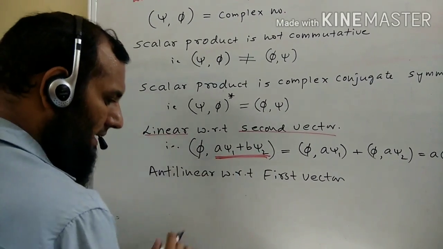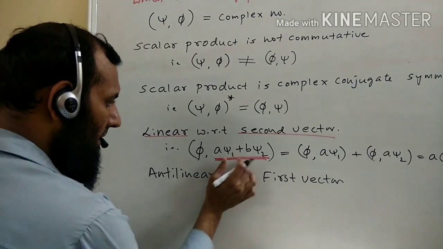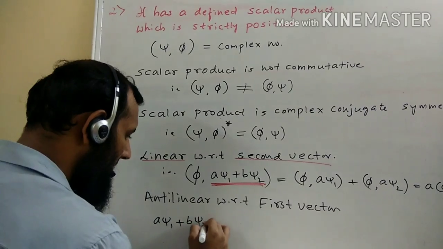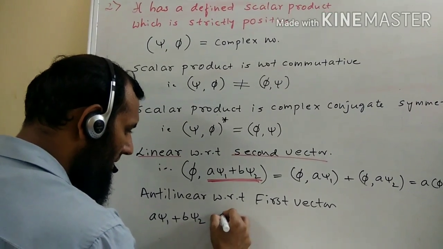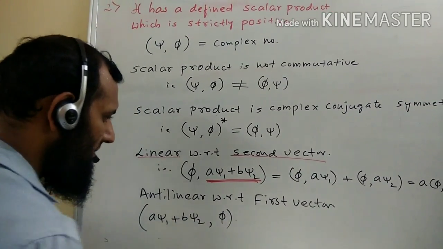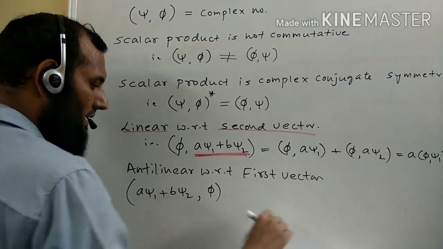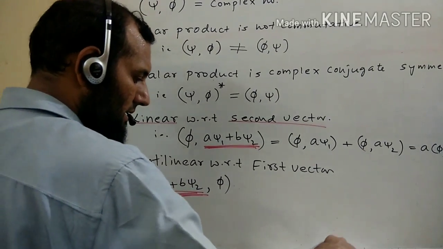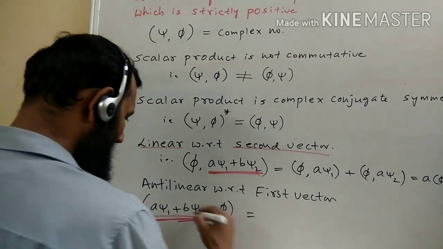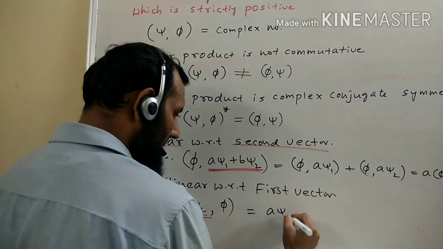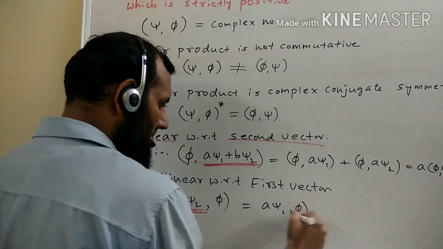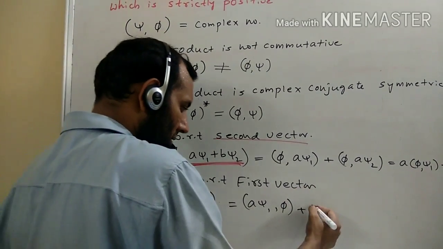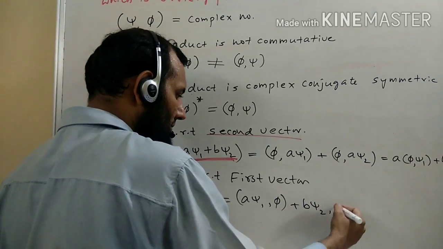Now we have a psi 1 plus b psi 2 with phi. What is the first vector here? This is our first vector. Again, this can be separated: the scalar product between a psi 1 and phi, plus the scalar product between b psi 2 and phi.